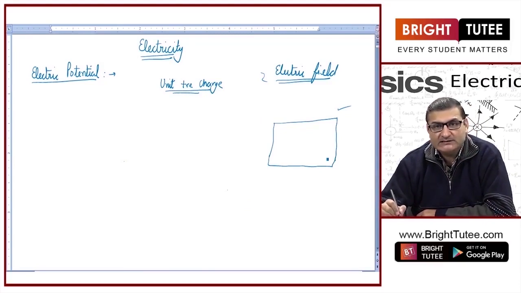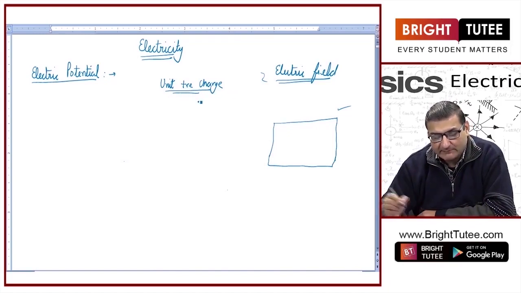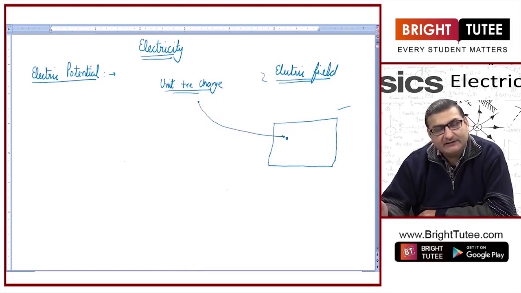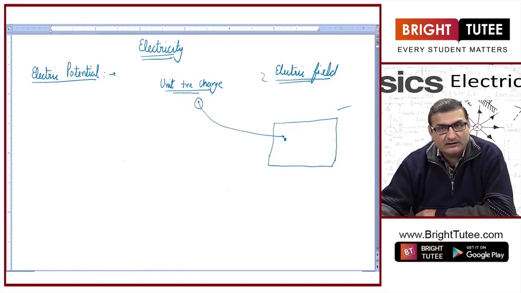What we need to do is bring this unit positive charge from the particular point where it is right now to a particular point in an electric field. For that purpose, we need to do some work, right? And that is what our electric potential is.